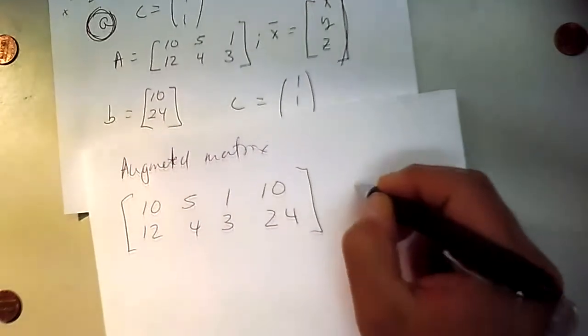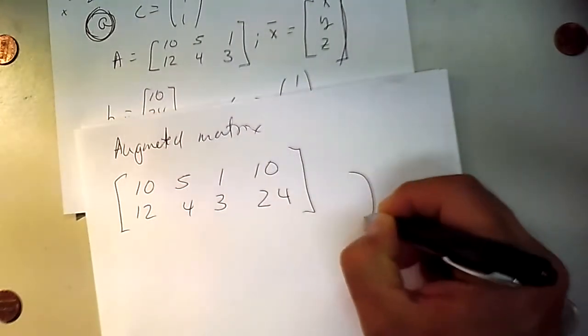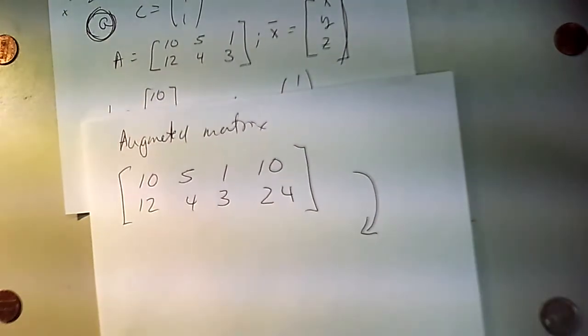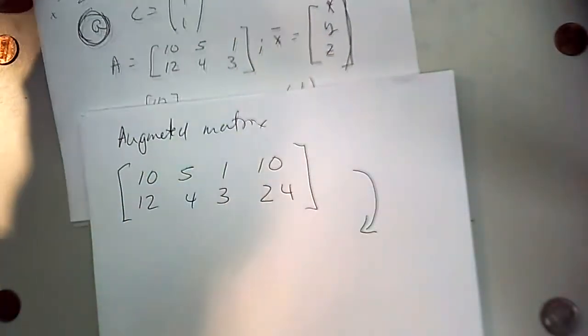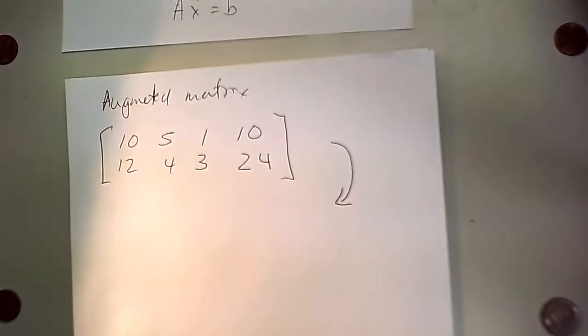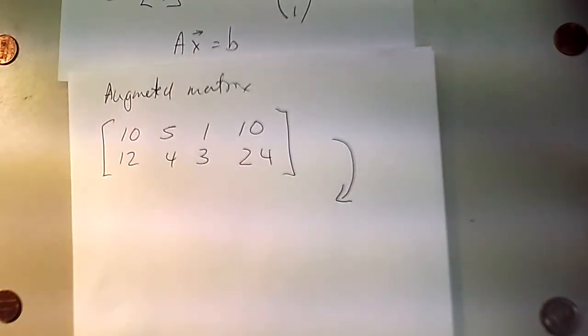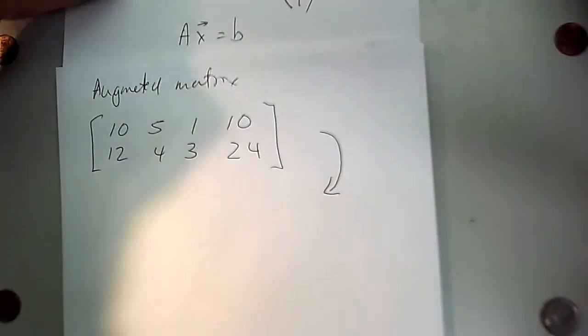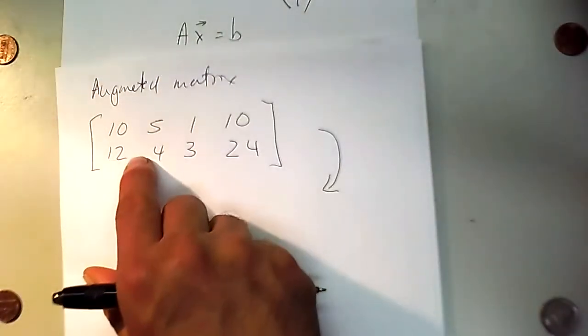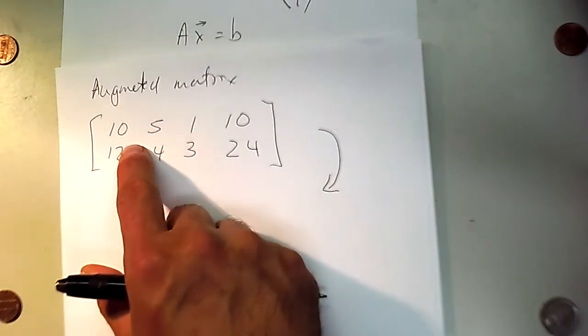So we're going to do elementary row operations to come up with a row echelon form, row reduced echelon form of this matrix. I don't want to necessarily show you the steps.